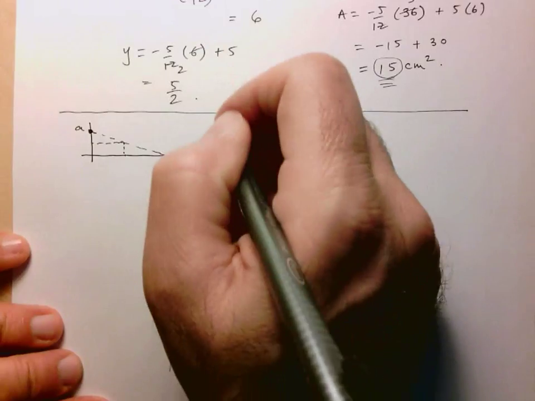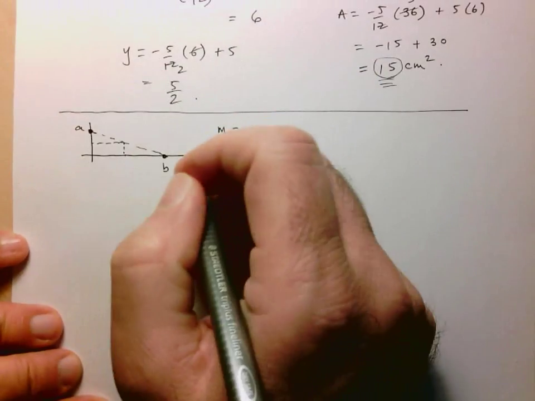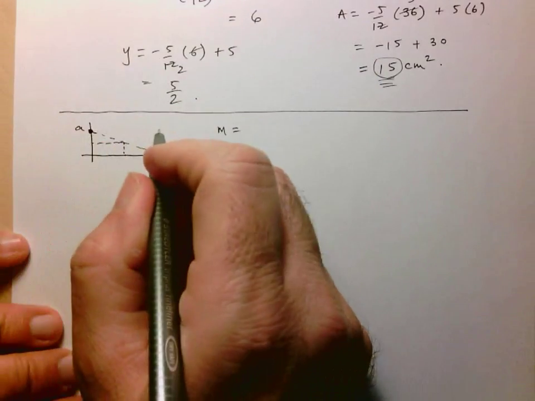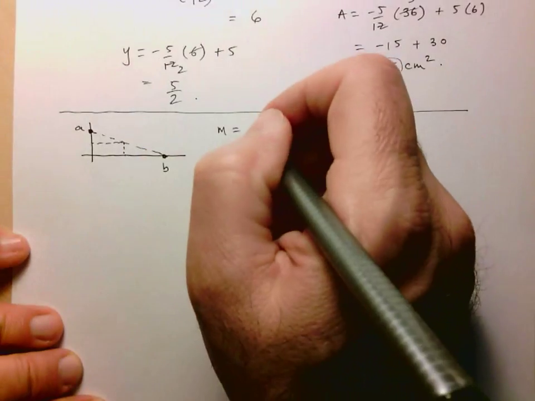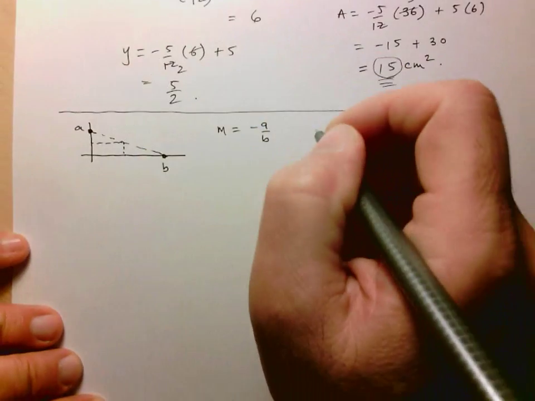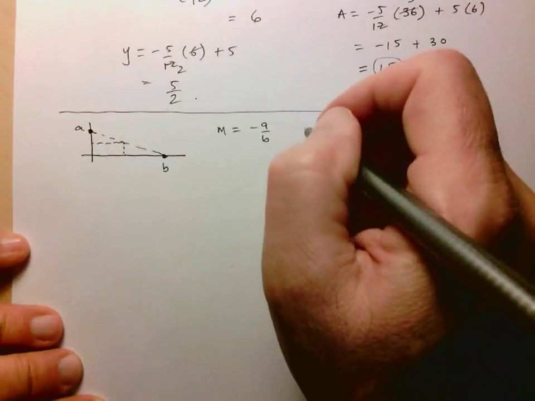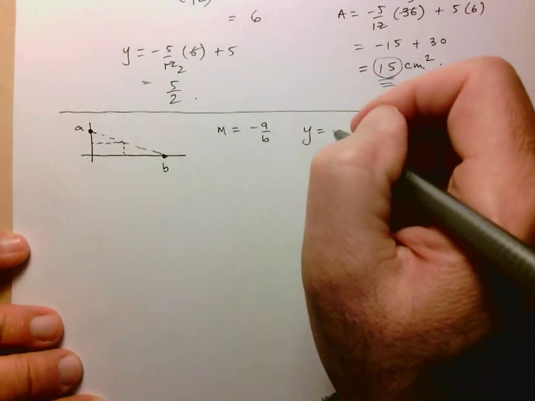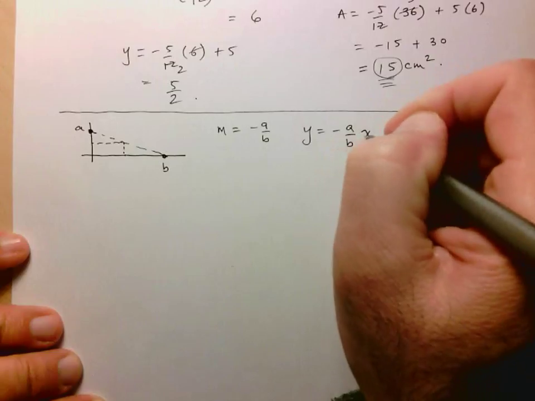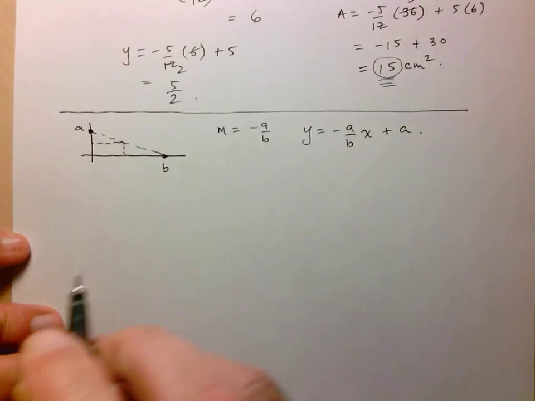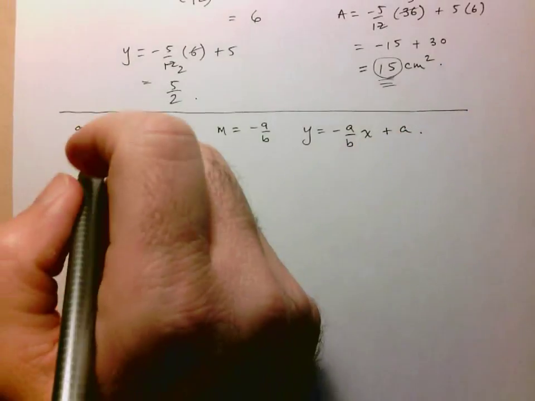Okay, so let's see if we get to the exact same patterns. If we look at the slope of this line, well, it's just, again, run of b, rise of -a. So it's just -a/b. Okay, the y-intercept is just a, so the function here is just given by -a/b x plus a. Okay, so again, do the same thing.